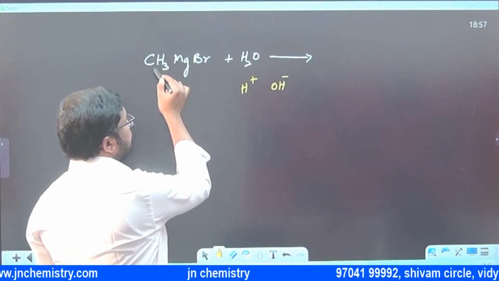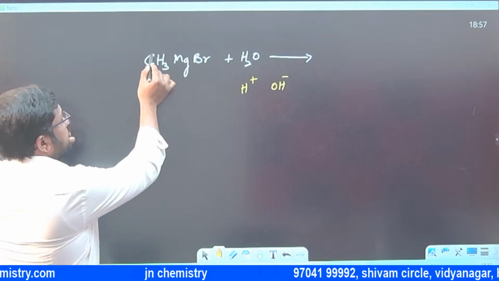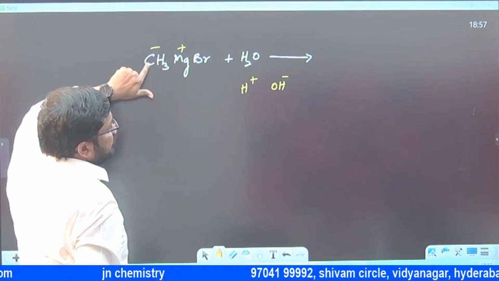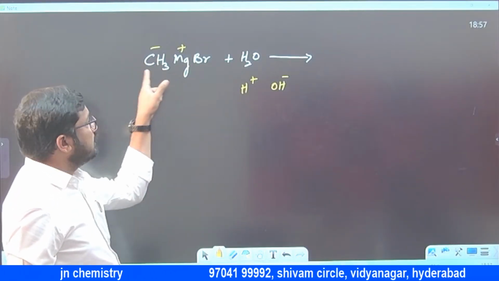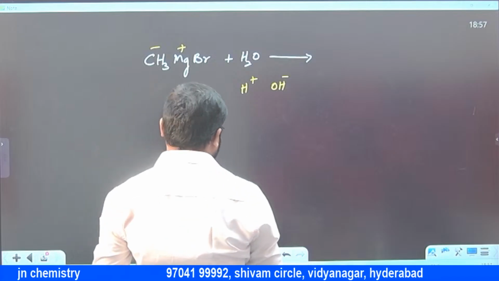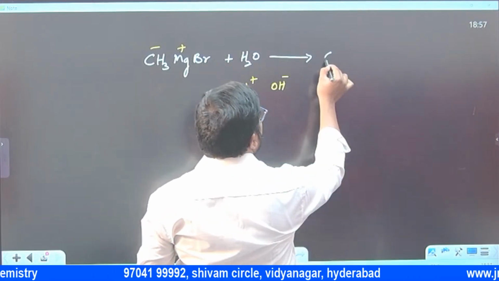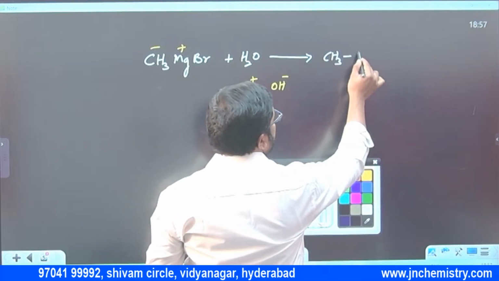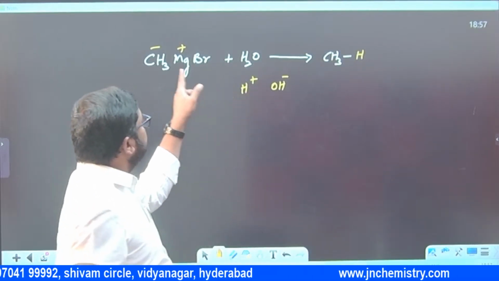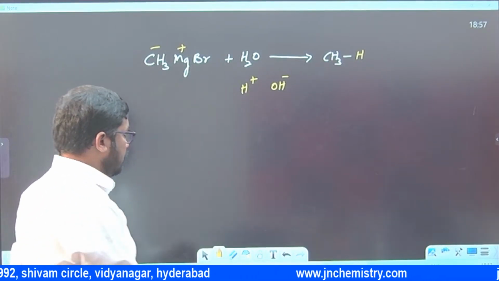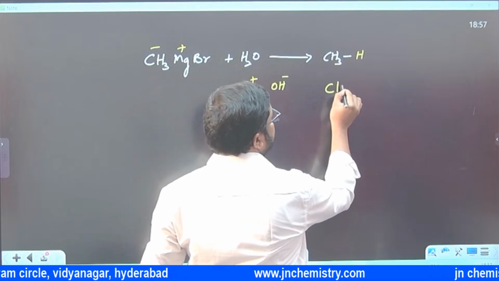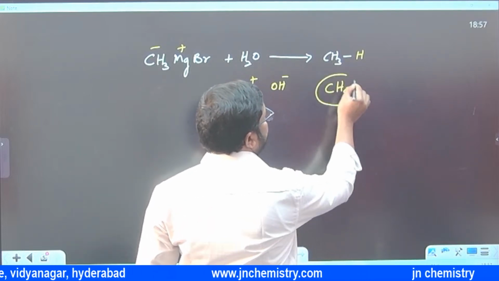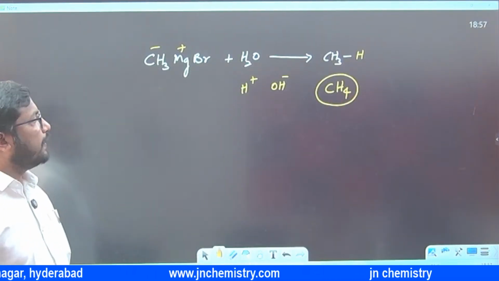So here CH3 minus is coming over here: CH3 minus MgBr plus, CH3 minus takes this H plus. So directly I am writing it to avoid confusion: CH3, this yellow hydrogen is coming from over here. CH3 minus with H, nothing but simply we can write CH4, methane, we will get, the preparation.